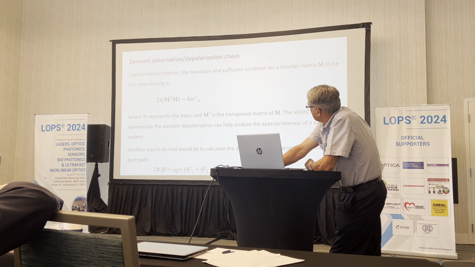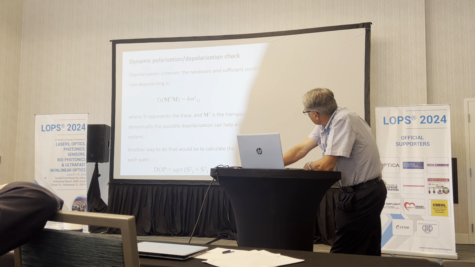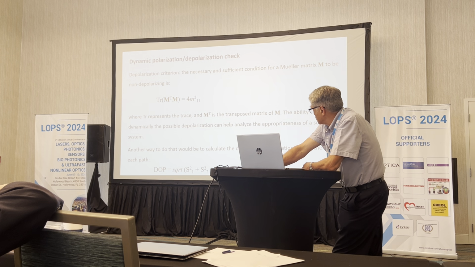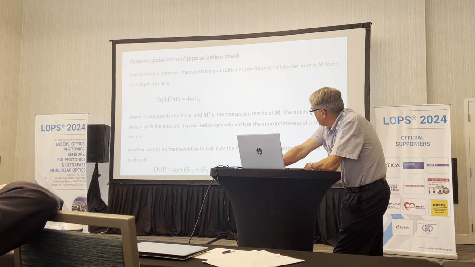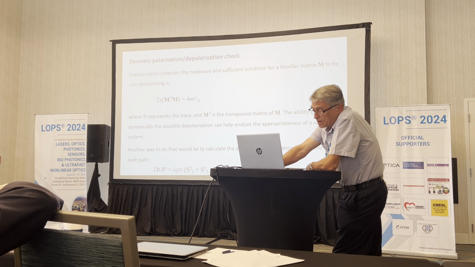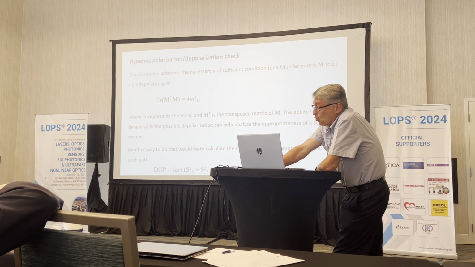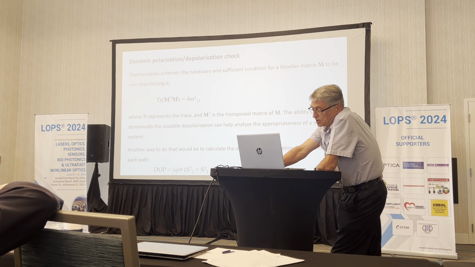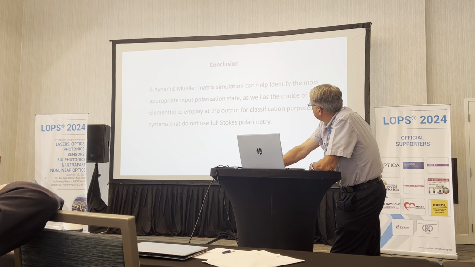So it's basically 4 times the upper left element of the Mueller matrix. You can use the equation for depolarization. In other words, using this mechanism, you can tell which input polarization would reduce the depolarization to a minimum, if any.